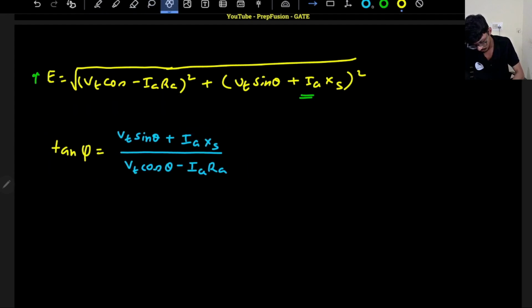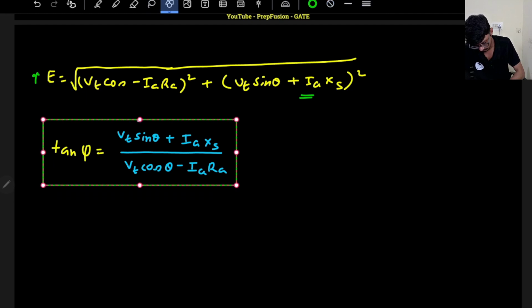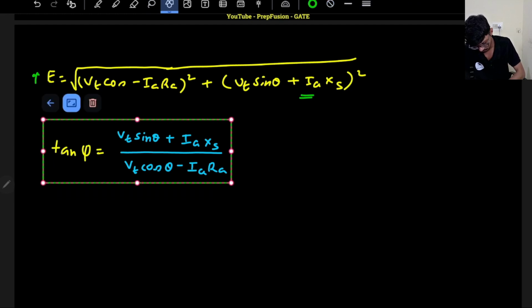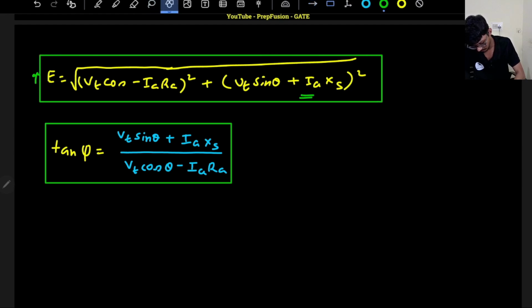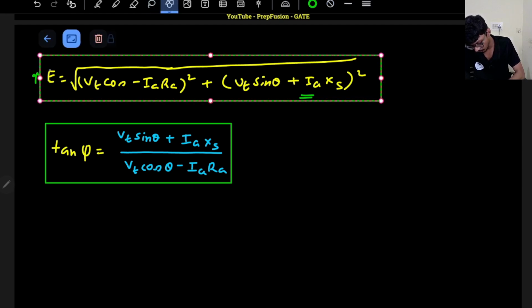So this is my tan xi, and this is my theta. So what formula do you have to remember?